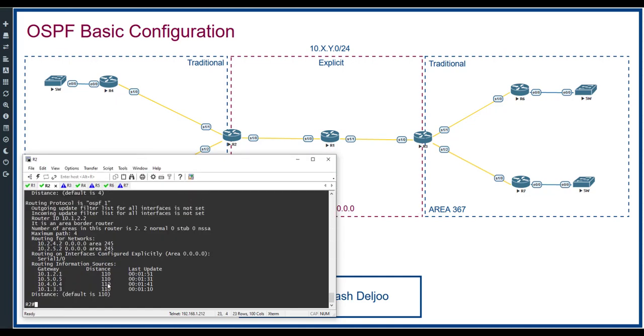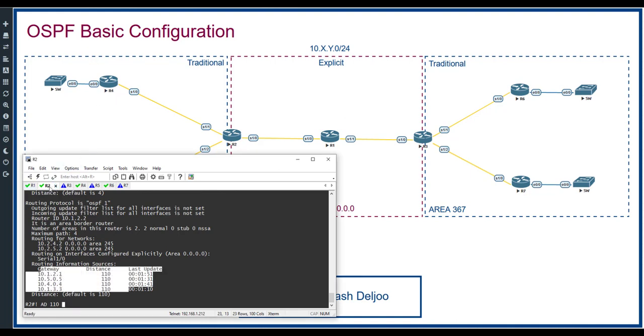You know that the administrative distance of OSPF is 110 for all routes, including internal, external, intra-area, inter-area, everything. You know that for EIGRP we have different administrative distances for internal, external, and summary, but for OSPF, for all routes, we use the administrative distance of 110. Because of that, here you can easily understand the meaning of gateway.